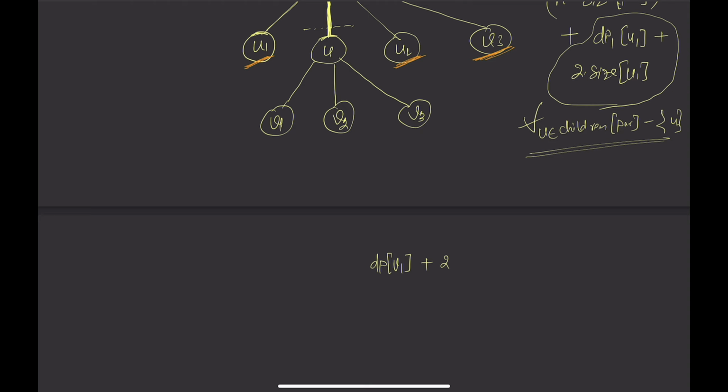so for v1, when I will go for calculating v1's value, so other than the v1 node's value, so it will be for all the nodes except v1, right?